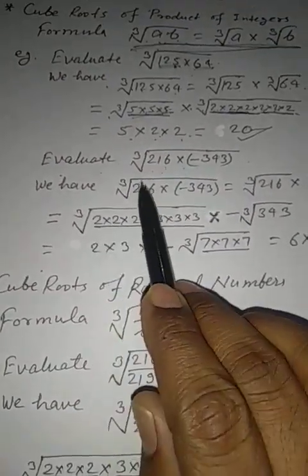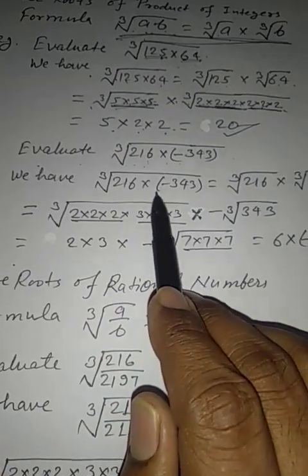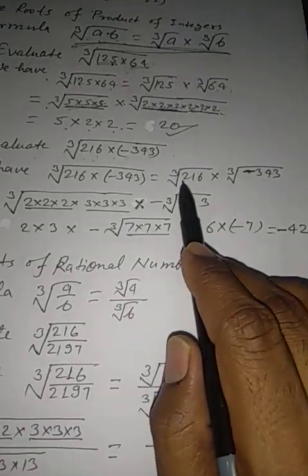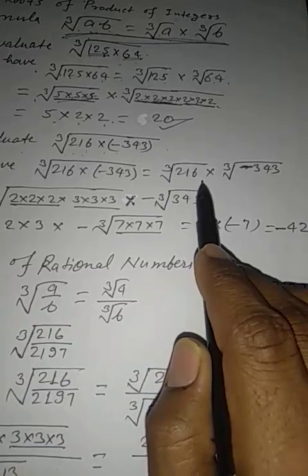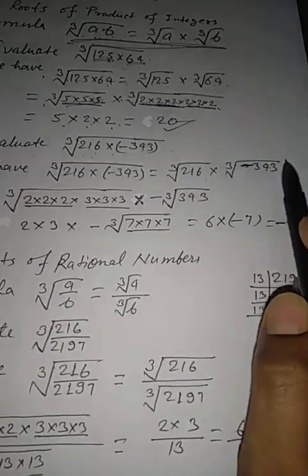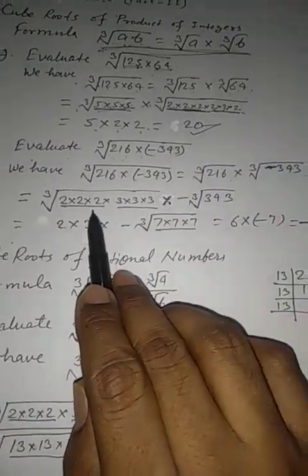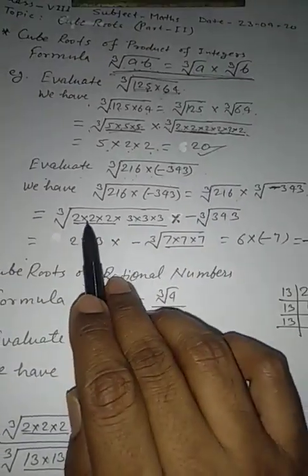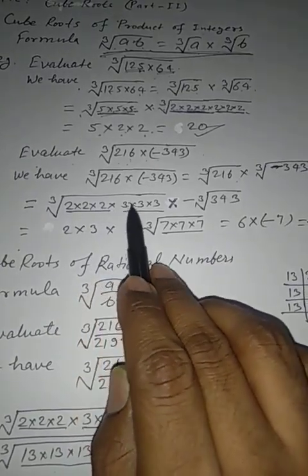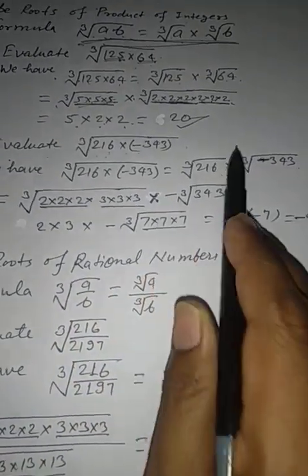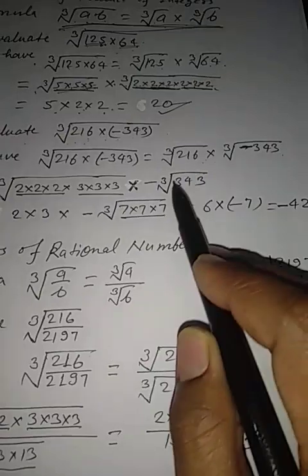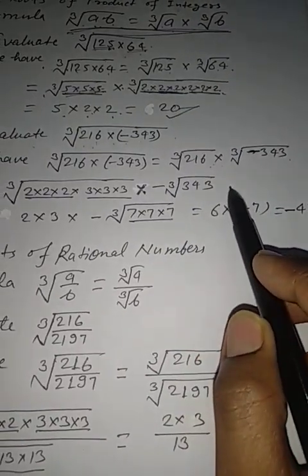So we can write cube root of 216 into cube root of minus 343. For cube root of 216, we find its prime factorization and write it as 2 into 2 into 2 into 3 into 3 into 3, and cube root of minus 343 equals minus cube root of 343, as you know from the previous rule.